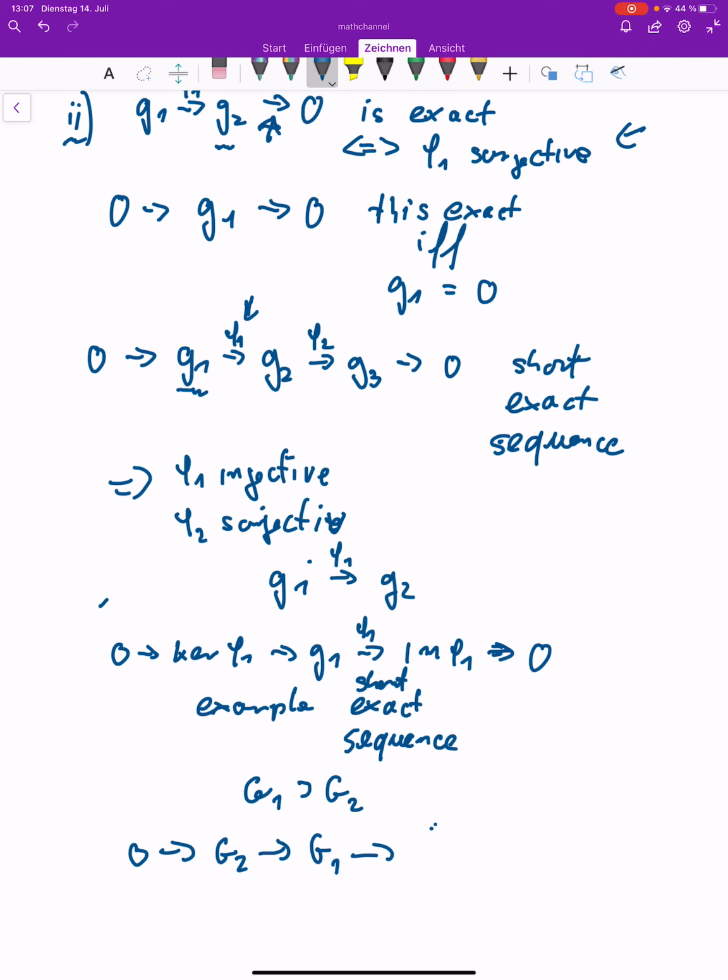So you project down from G1 to G1 mod G2, and again, this is by construction another example of a short exact sequence.